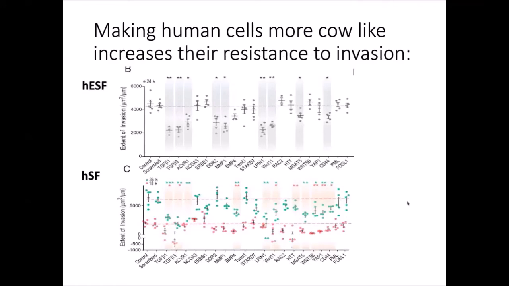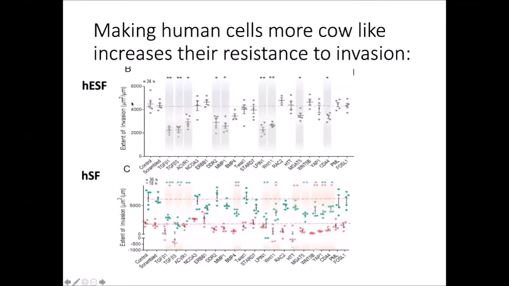Even more importantly, if we look at gene expression differences between human and cow cells and select those genes that are less expressed in cow cells, and take human cells, endometrial fibroblasts or skin fibroblasts, and reduce the expression level of this particular gene in the human cell so that it mimics the expression level of the cow, the human cells also become less invasible.